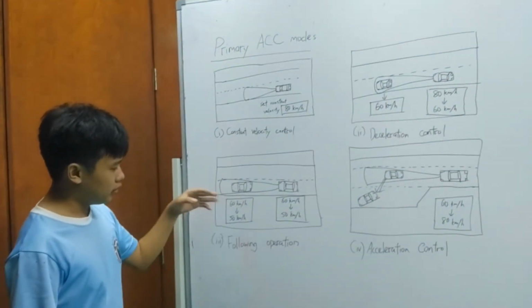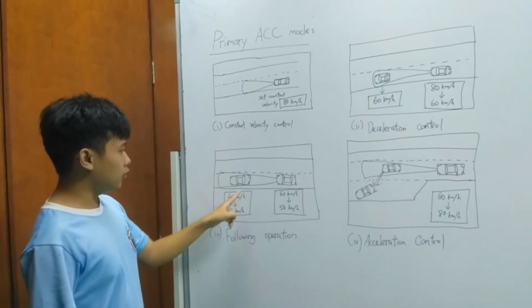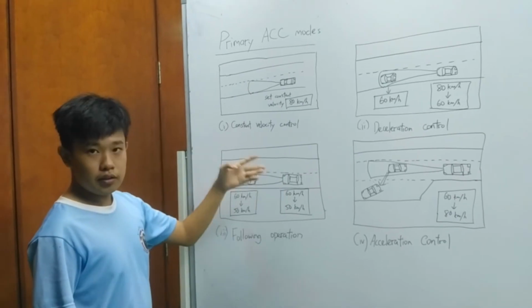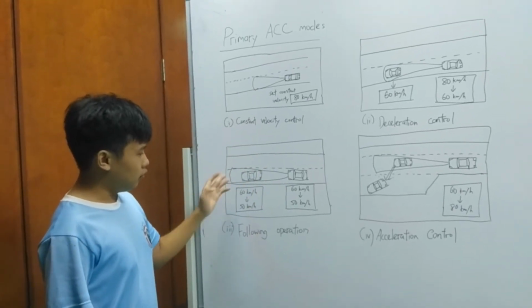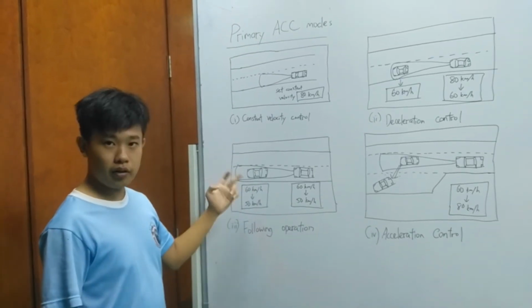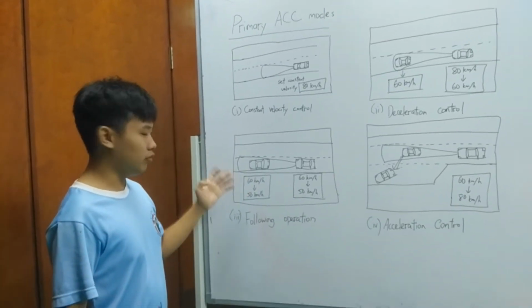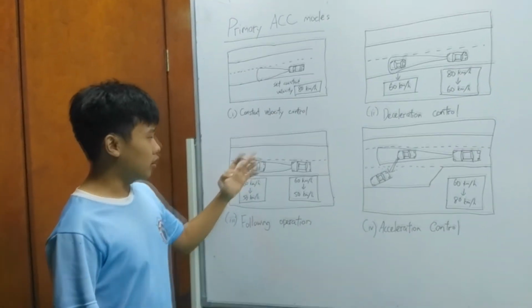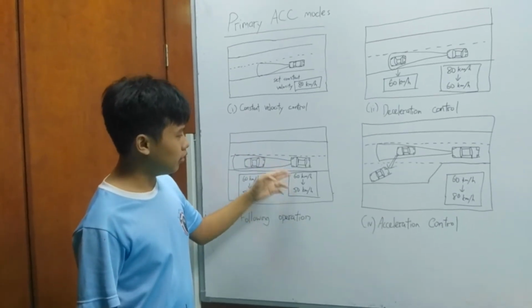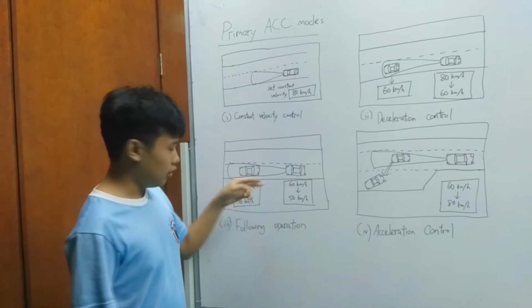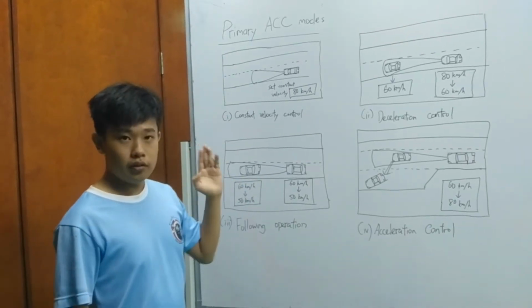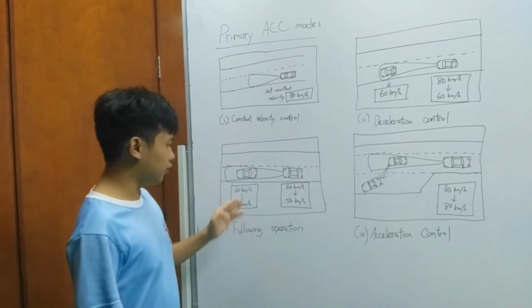Next is when the vehicle keeps following the vehicle in front of it, then once the vehicle in front of it changes its velocity, the own vehicle velocity will also change as the front vehicle.